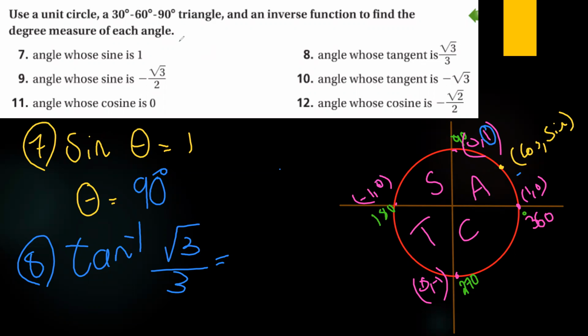First, look at the unit circle. Do you remember the angle whose tan is 1 over square root of 3? It's 30. Bravo.